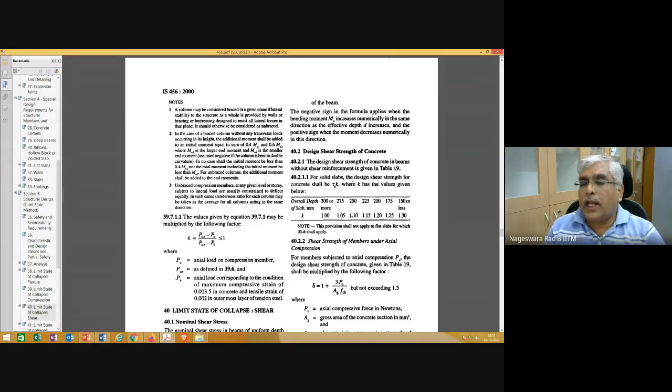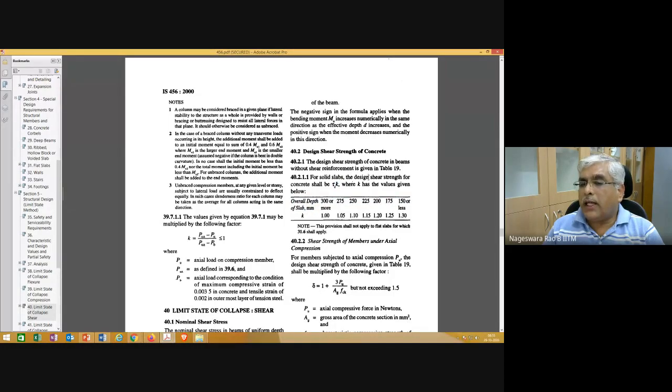For solid slabs, the design shear strength, which is coming from your Table 19 or the equation that is given in SP16, depends on the grade of concrete as well as the percentage of tensile steel that is provided. For a solid slab, you need to multiply with a factor K. K depends on the overall depth of the slab.